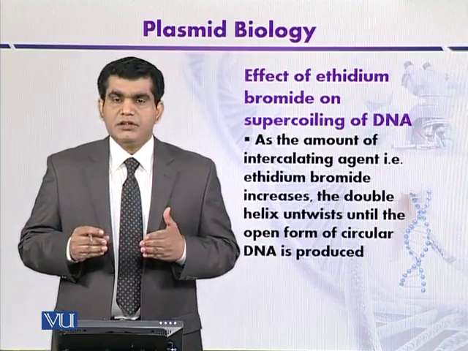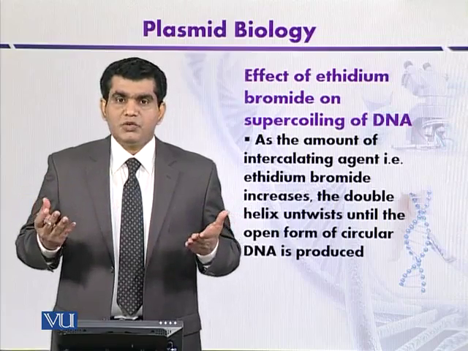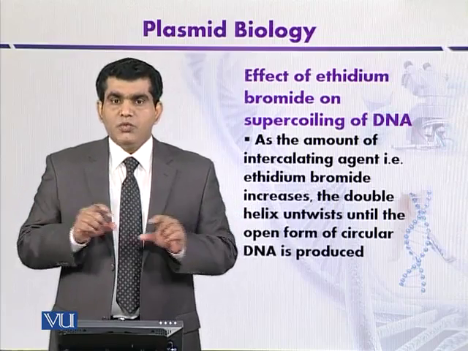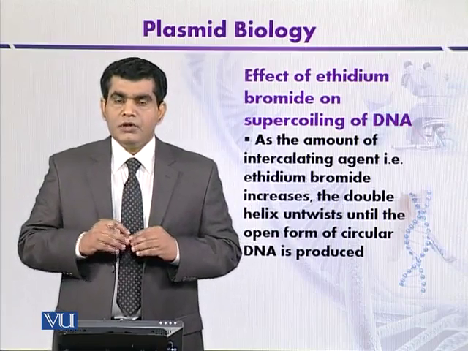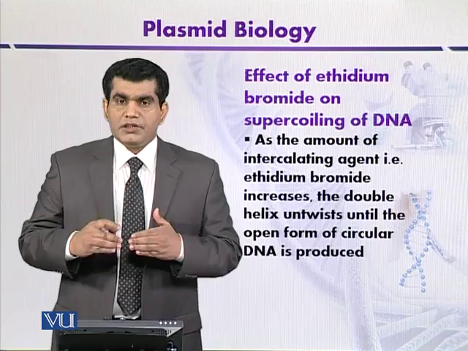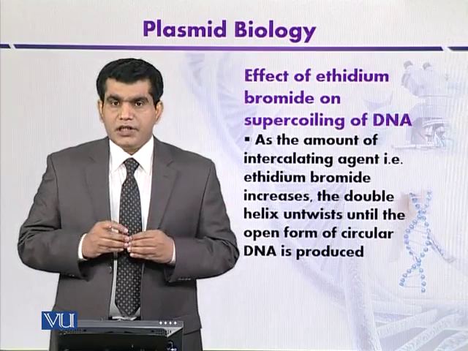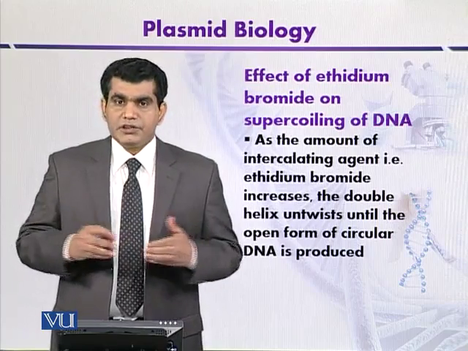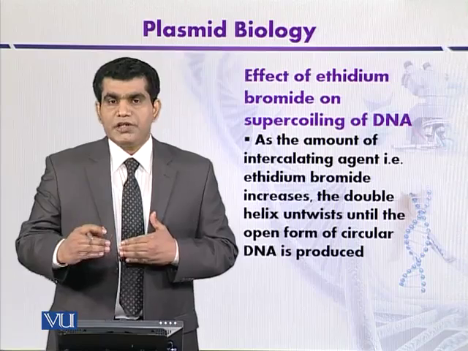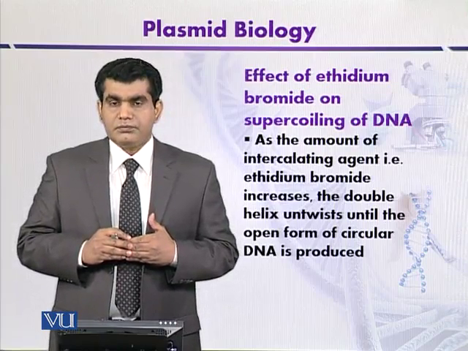Linear DNA means the plasmid is now digested with a single enzyme, so that it is no more open circle, it is now in linear form. If we analyze it on the gel, we will find that because of their structural configurations, they will separate at different locations on the gel.